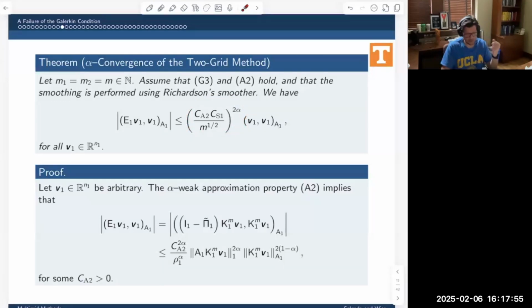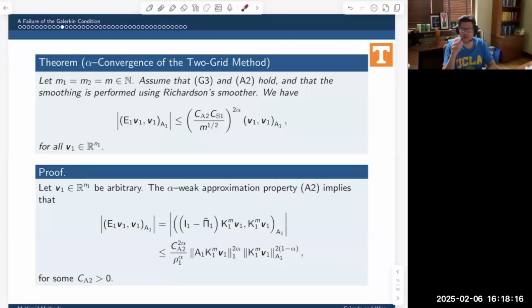So if alpha is equal to 1, we get a pretty small convergence constant. If alpha is less than 1, then this convergence constant becomes a little bit larger, but it's still strictly less than 1, as long as m, the number of smoothing iterations, is large enough.